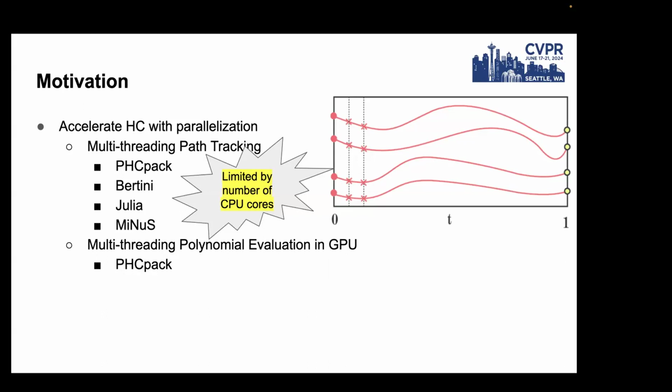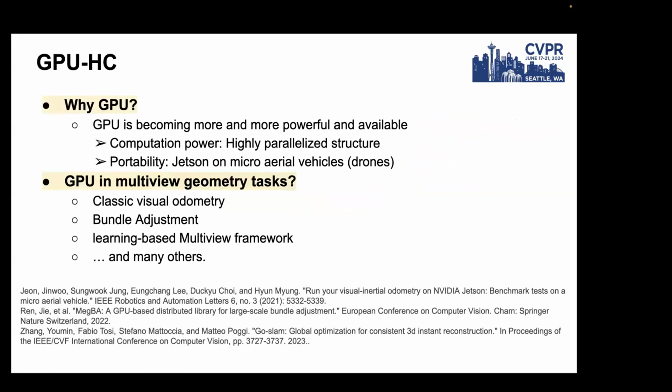And in our work, we hack them all and throw everything into GPU to accelerate the running of homotopy continuation. And first, why GPU? The answer, I think, is pretty straightforward. It's powerful. It has a highly parallelized structure, and it's quite portable.